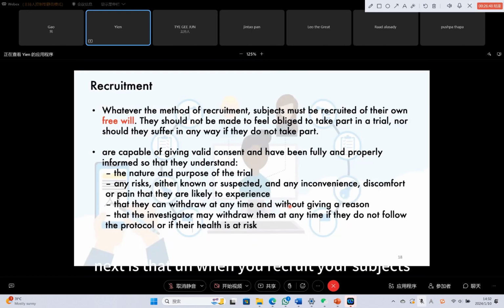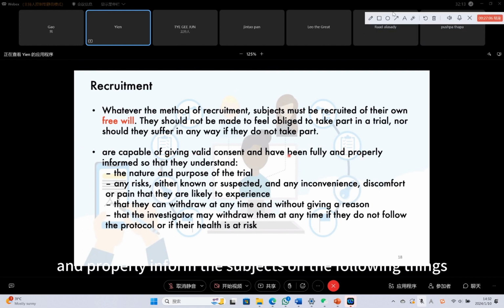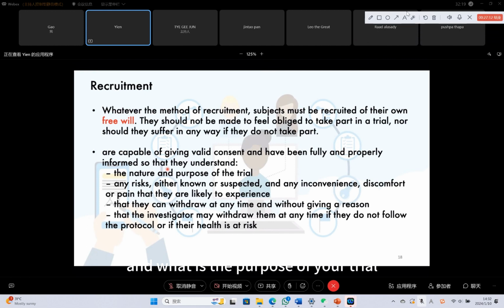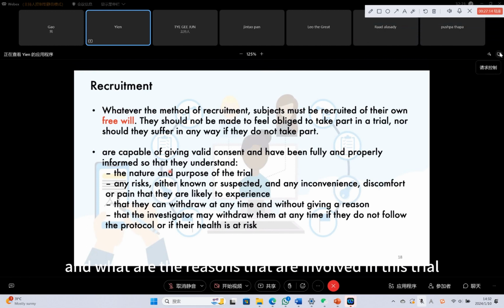Next, when you recruit your subjects, it must be based on the subject's free will, meaning you cannot force them to come to your study. The recruitment should give a valid consent and fully and properly inform the subjects of the following: what the study is, the purpose of your trial, and the risks involved in this trial.